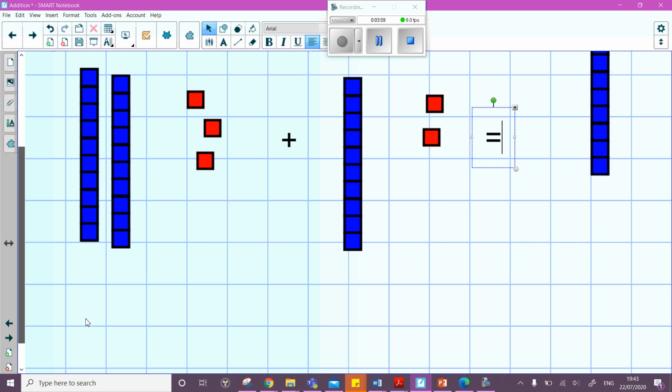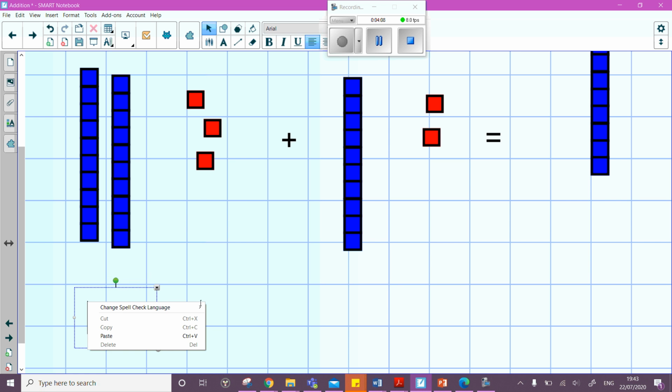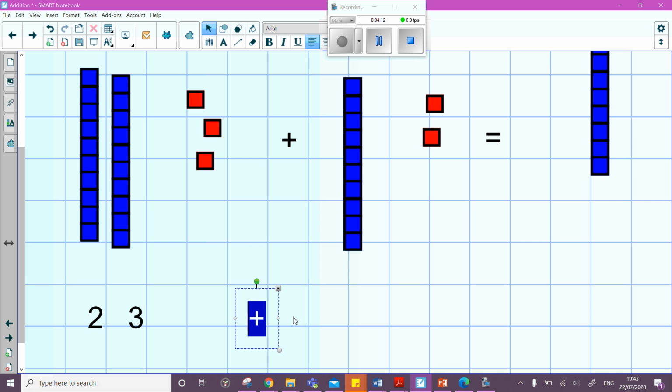So if I were to jot down underneath, use my jottings, I would have 23, add 1 ten, 2 ones. So add 12. And now I want to find out how many I have all together.